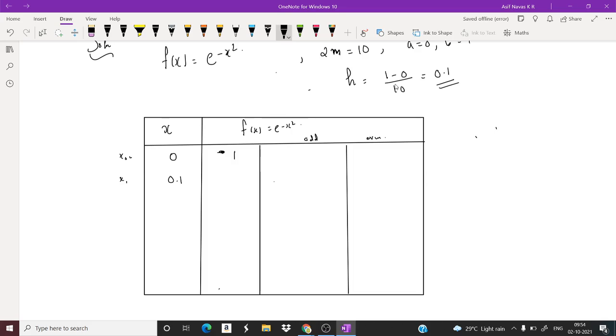So I am writing it here. It is 0.99005. So similarly, you do all those values and write them down, and you do this problem using Simpson's rule.